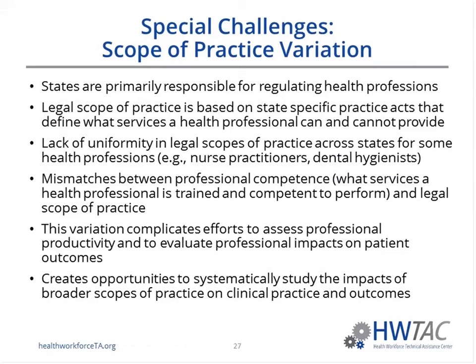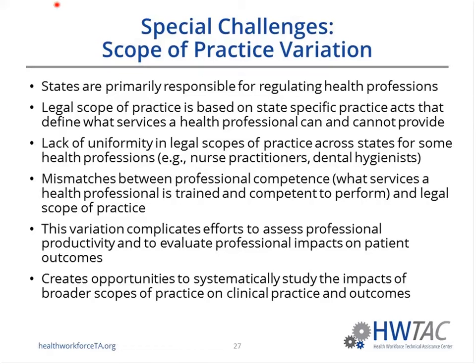Another important issue is scope of practice variation. So we know that states are primarily responsible for regulating health professions. And legal scope of practice is what a health professional is allowed to do and not do in a given state.